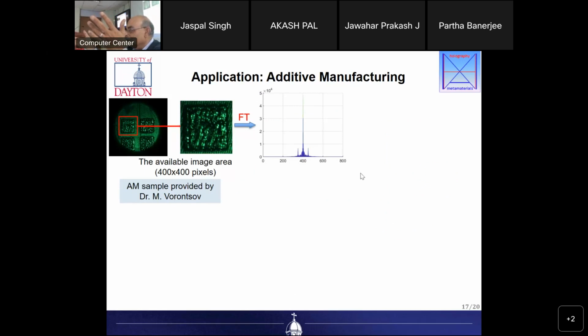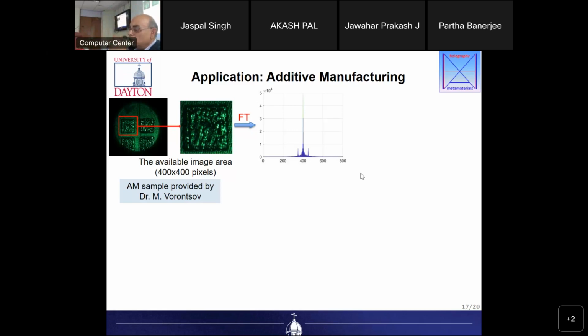You take a bunch of metal beads, melt them, and deposit them layer by layer, and you make a part of an airplane or car or whatever. There's a lot of airplane parts being made that way, a lot of airplane engines. Don't be frightened, they work. It's not that the particles are flying apart. But that's how they are being made.